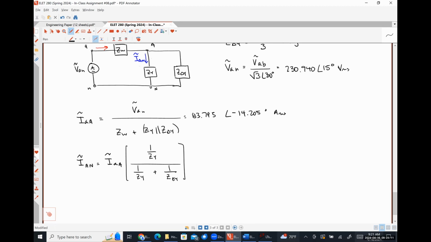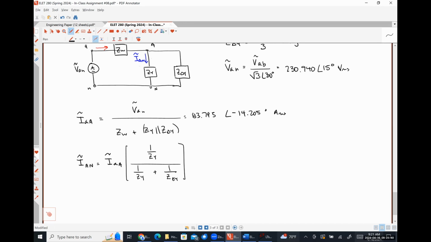So this might be slightly different than how you learned current division in your prior circuits class. I like it in this particular way just because it can work for an infinite number of elements connected in parallel, not just two, which is the way that it's traditionally taught. It's exactly like voltage division, except that it's using the reciprocals. That's another reason why I like it, because it looks the same.